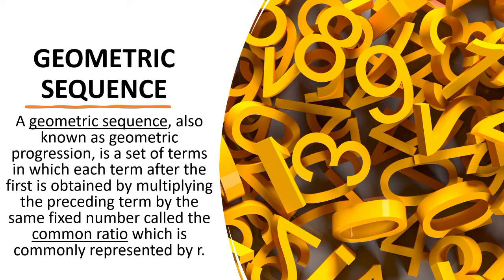So, ang geometric sequence po, as defined, nabubuo natin yung kanyang sequence kapag tayo ay nagmumultiply ng isang fixed number which we call the common ratio sa bawat terms ng given na sequence.